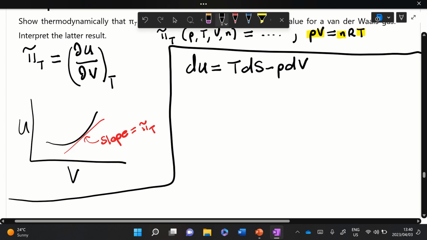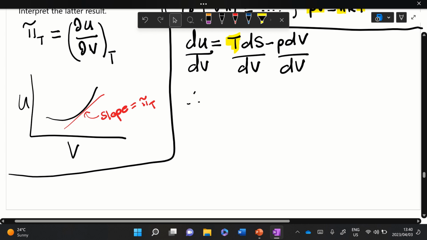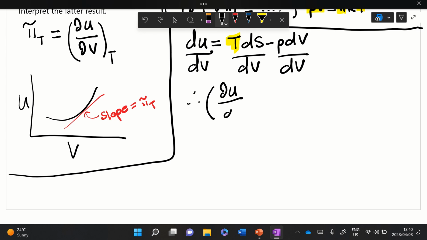Immediately, if we divide everything by dV, and we divide this term also by dV, then at constant temperature, because this is isothermal, we can make this more general by taking partial derivatives, giving a bit more information.